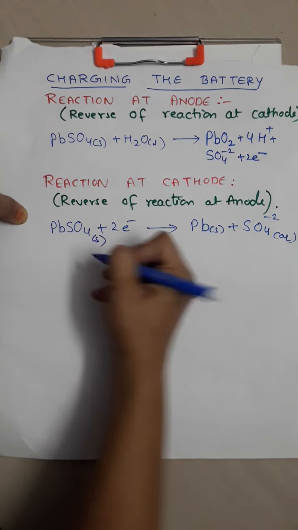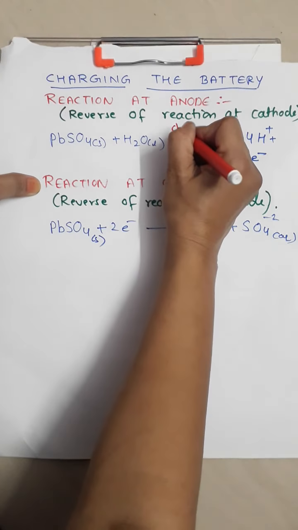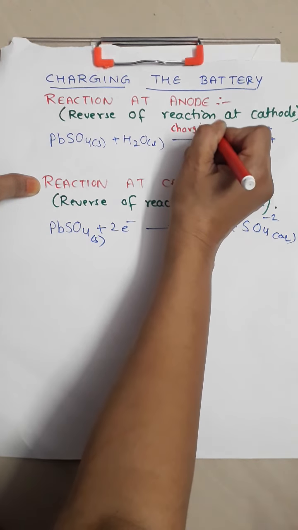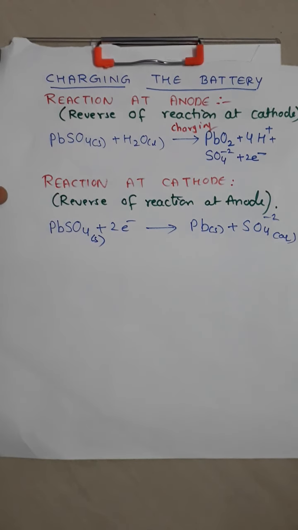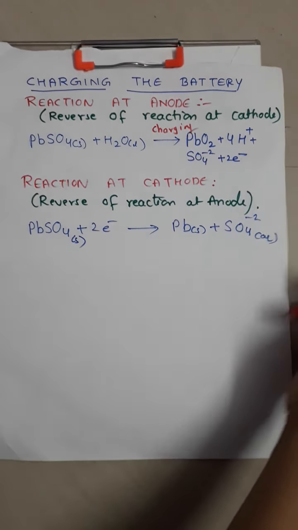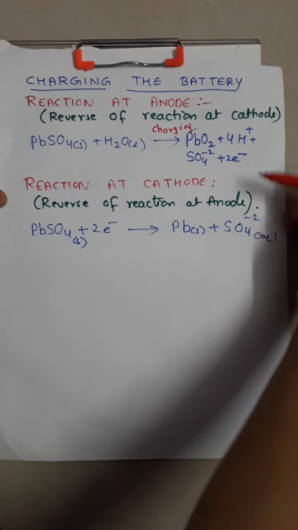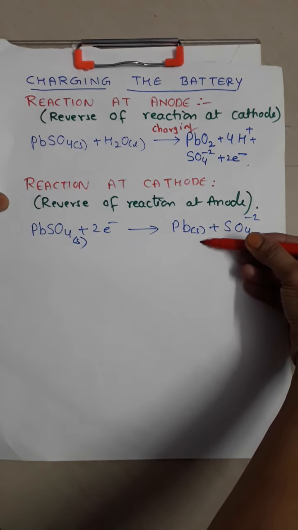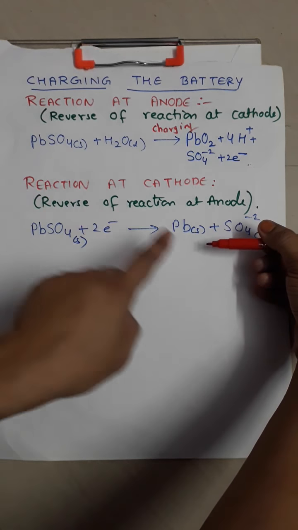Now if you carefully observe this reaction, what is happening when we are charging? When we are charging, the reaction is taking place and electrons are being consumed and the lead plate is restored as it was earlier. Earlier we had a lead plate, so now also we are getting Pb.